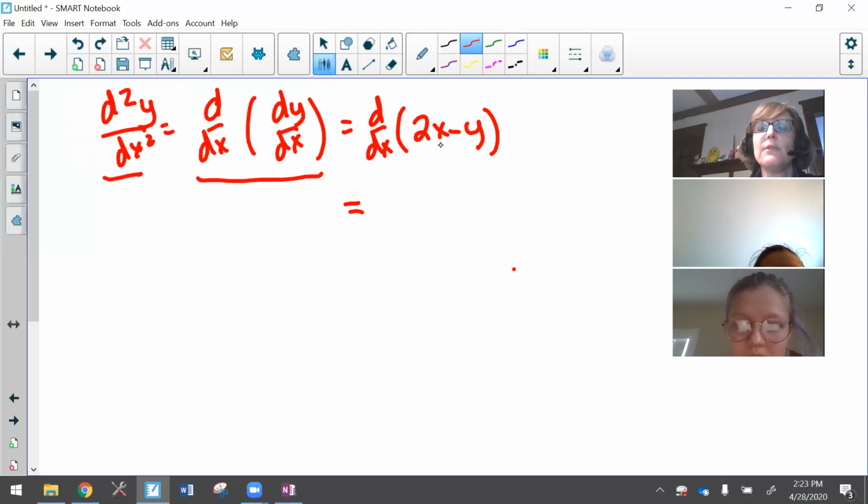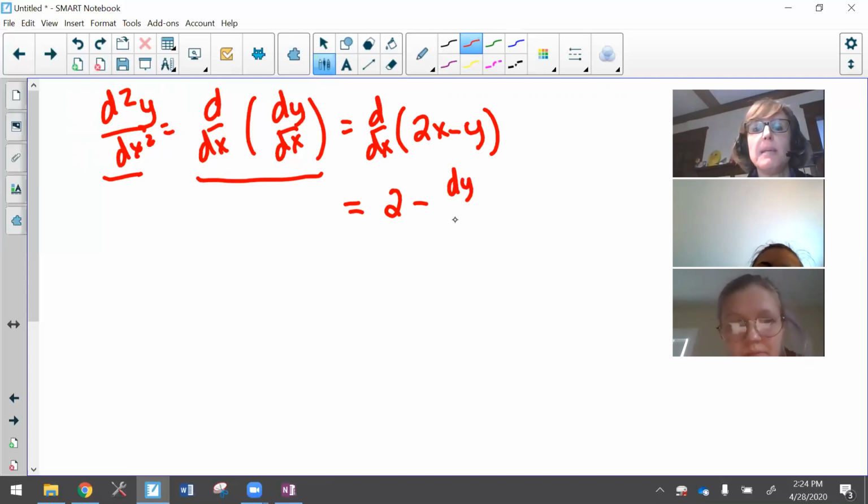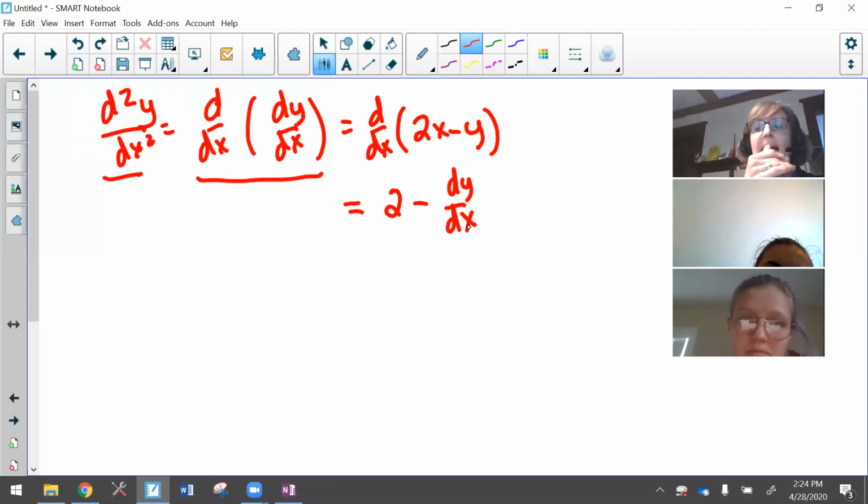And then I just take the derivative term by term. So the derivative of 2x is going to give me 2. But remember that y is a function of x, so I have to use implicit differentiation. So this is going to be minus dy dx. But I know what dy dx is in terms of x and y.